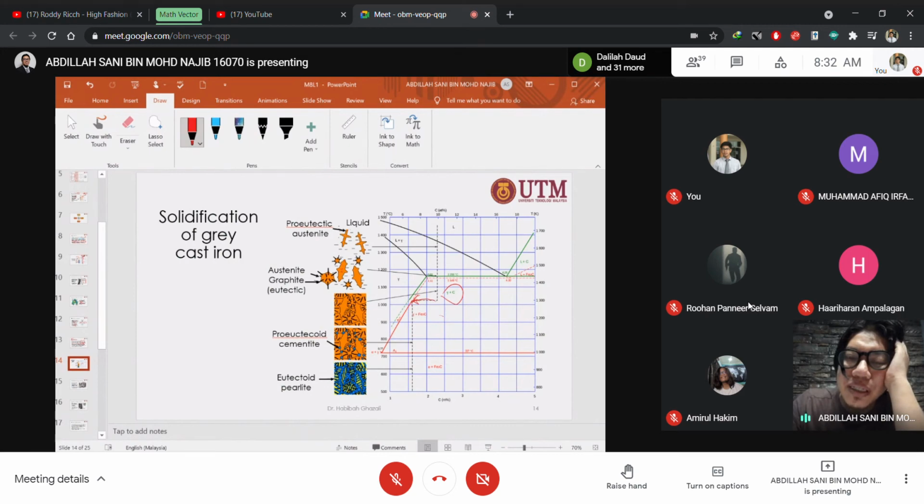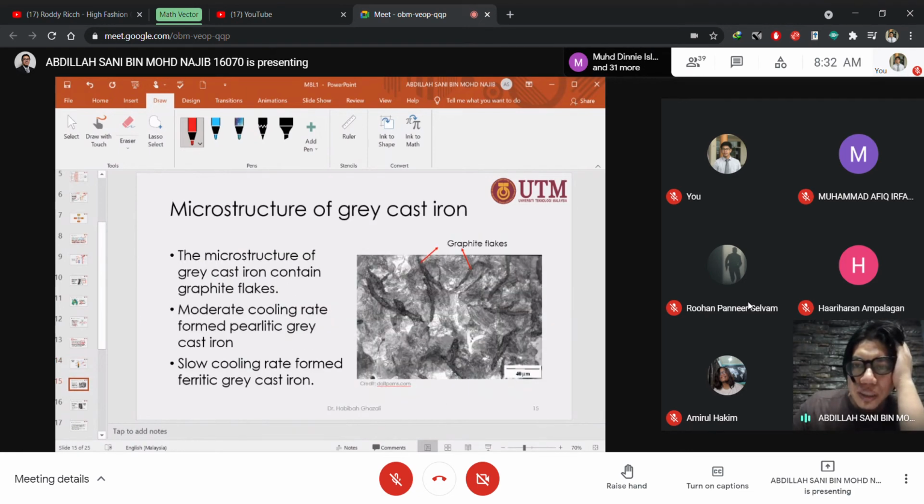So we have a larger amount of austenite, and we do have the cementite, and as usual, this is the eutectic line. As it goes beyond the eutectoid line, the remaining austenite will form pearlite.